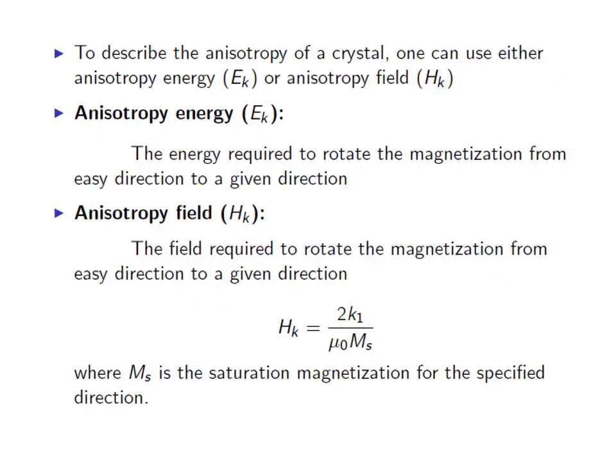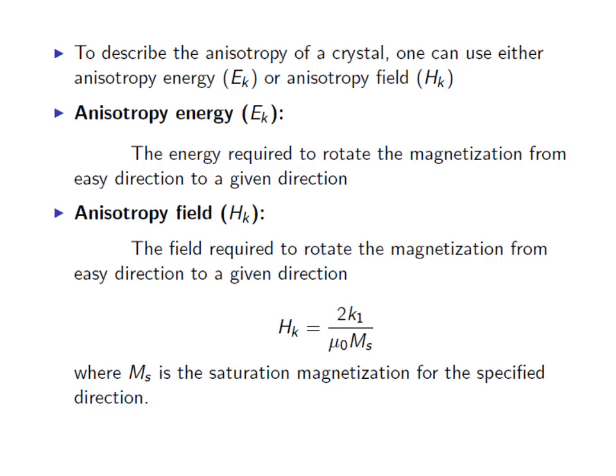Anisotropy energy is the energy required to rotate the magnetization from EC direction to a given direction. Anisotropy field is the field required to rotate the magnetization from EC direction to a given direction.